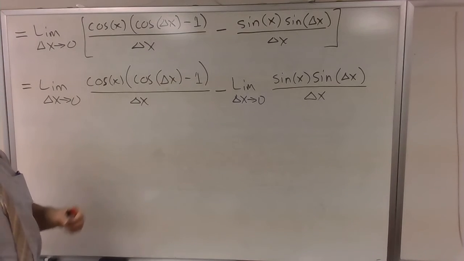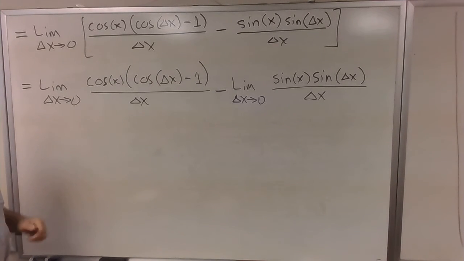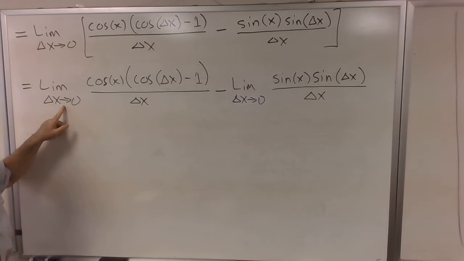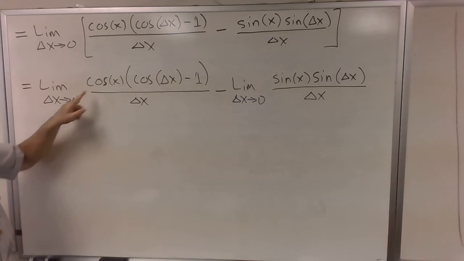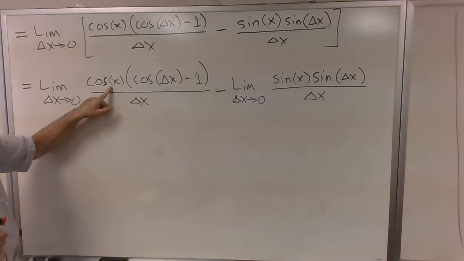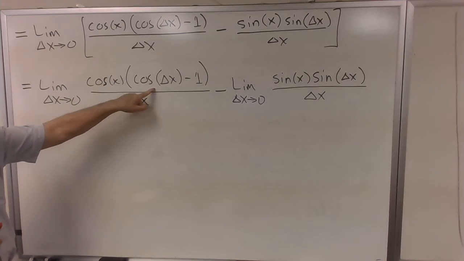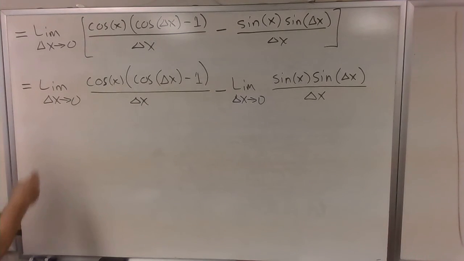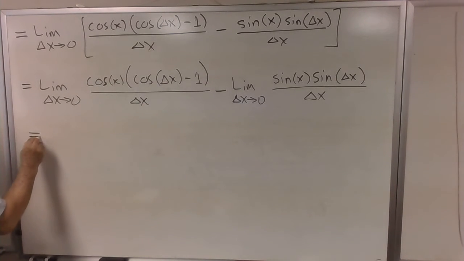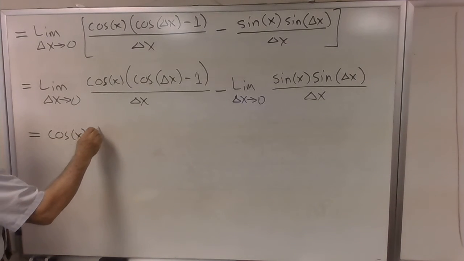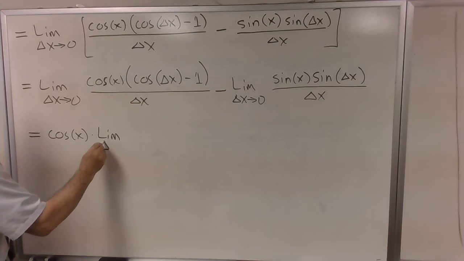And what did I do in the proof before? I think I looked here and said, you know what? With respect to delta x, cosine of x is a constant. So what I have is the limit of a constant times this function. I can rewrite that as the constant times the limit of the function.